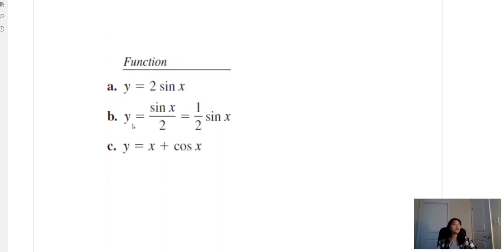All right, so how are we going to take these derivatives? Let's try to do y prime. Yeah, we haven't done that one in a while. So we got 2 times sine of x, derivative of sine is cosine. So we got 2 times cosine of x. What about b? We have 1/2 sine of x, which is the same as sine over 2. Okay, well that's y prime, and then it's just a scalar multiple on sine.